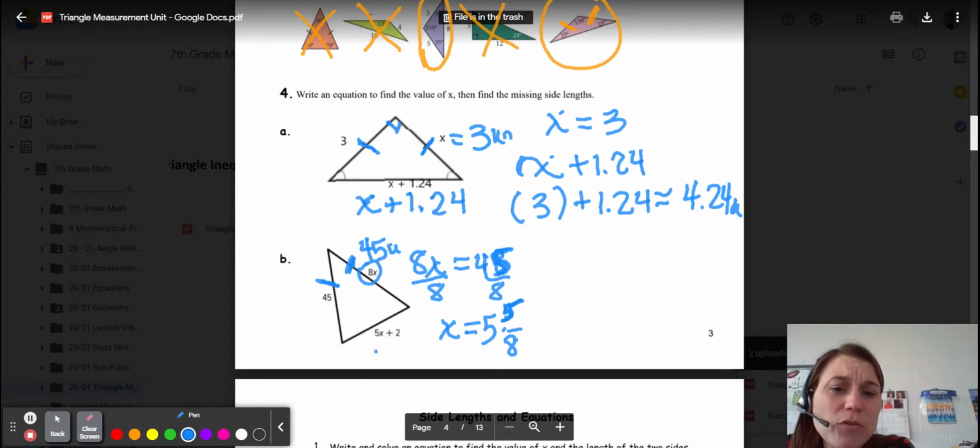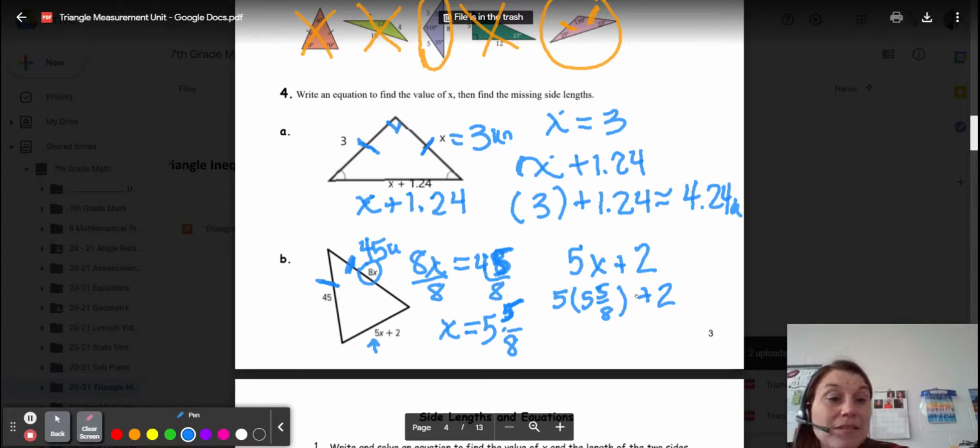Well, now I can substitute in x here and say that 5 times x plus 2 is the length of the third side. So I'm going to substitute in my x value to find my last side.